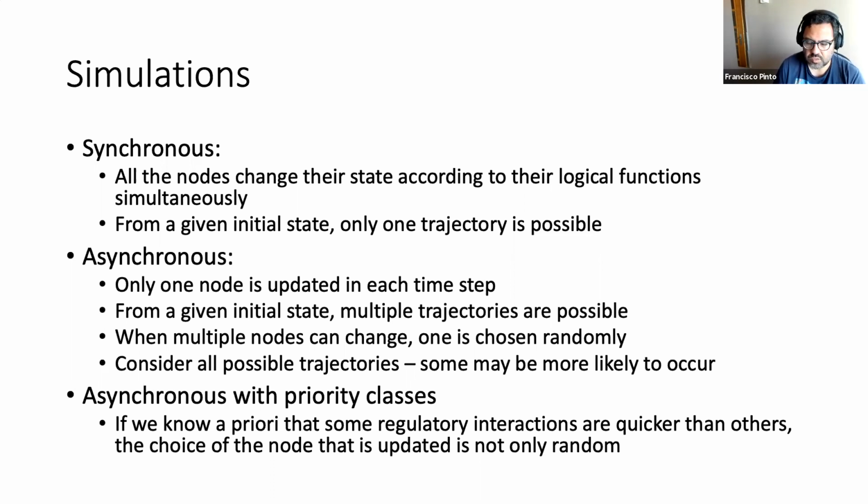Most of the time you see models with either the synchronous or the asynchronous update. Because the priority classes already imply the definition of parameters, and the need for parameters was what led people to develop this approach, to have a way to model the systems without needing so many parameters.